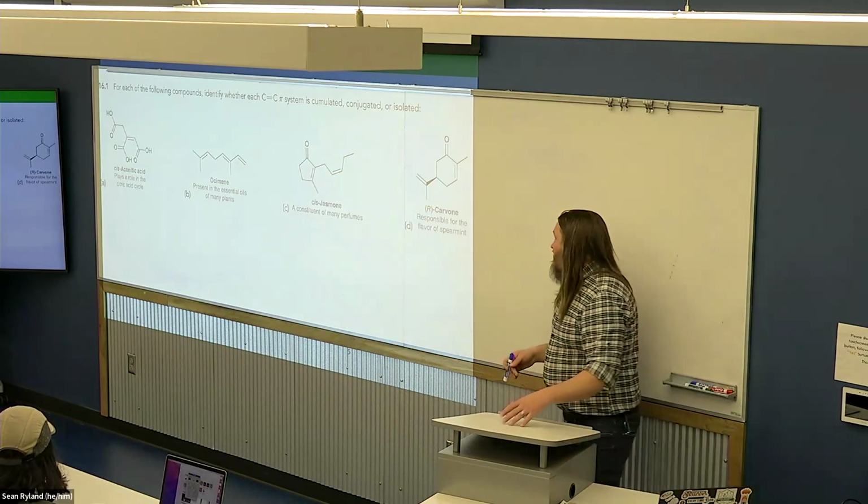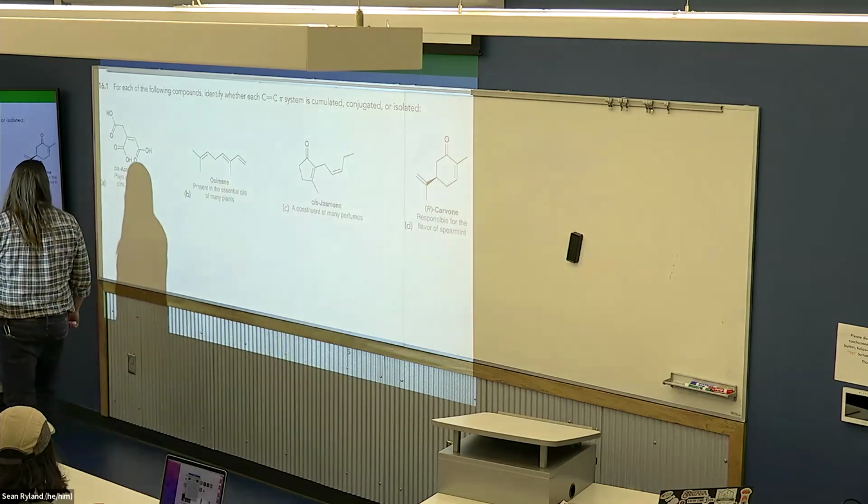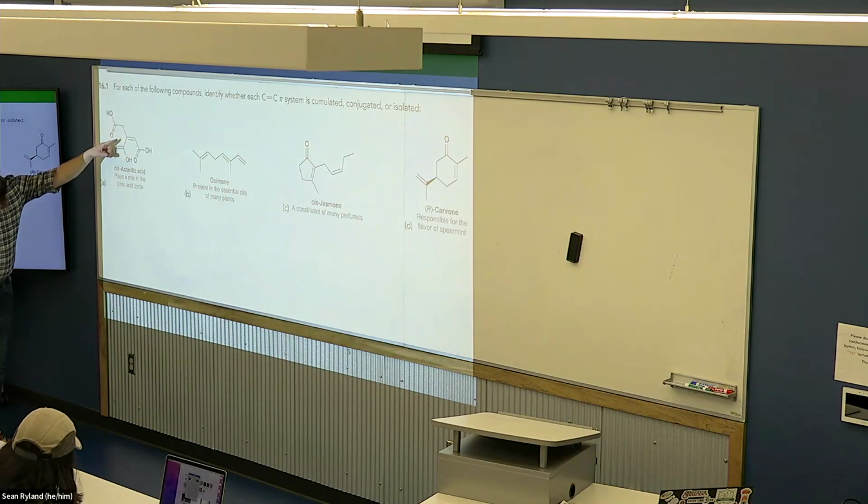All right, so one of the ways I can ask about this is just, classify them. Are they accumulated, conjugated, or isolated? This isn't a diene, but if we were saying that double bond right there, would we call that accumulated, conjugated, or isolated?